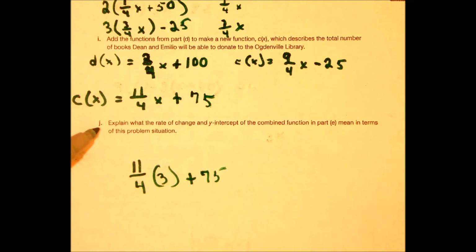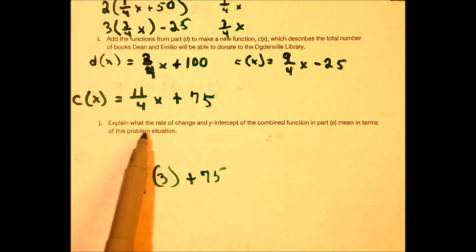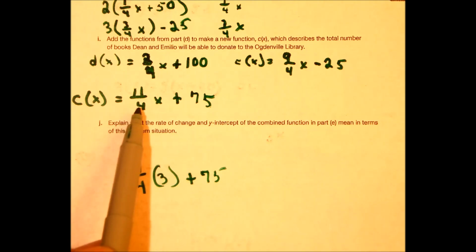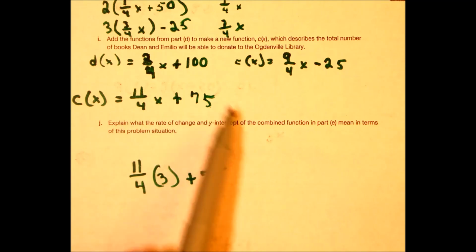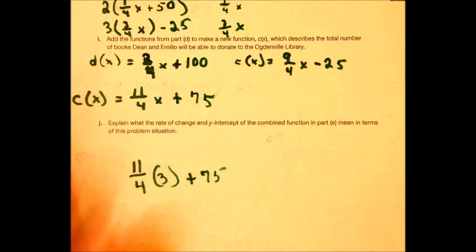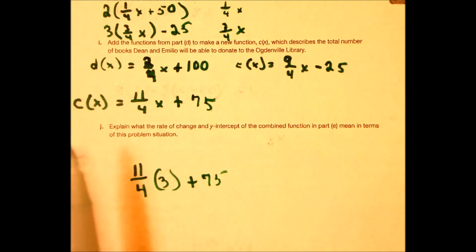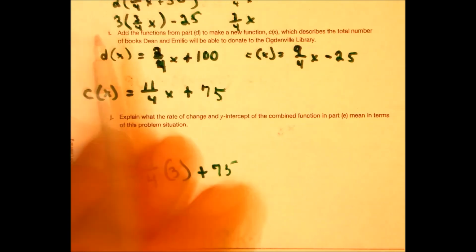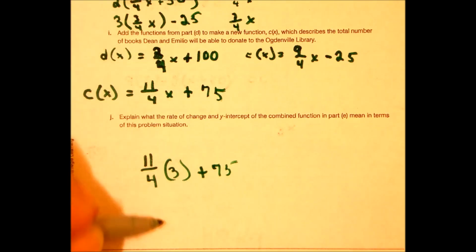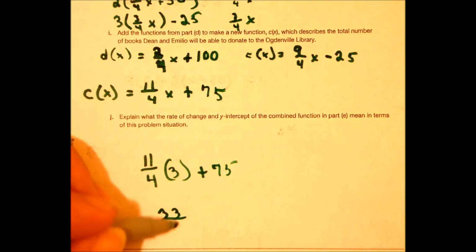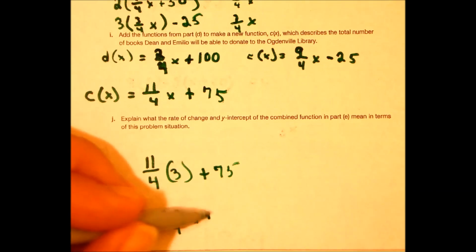This answer has nothing to do with this question. This question is all words. Okay, the answer to this question right here, where it says explain the rate of change, that's this. Explain the y-intercept, which is that, in terms of the problem. And I've already said what that means. Okay, all right. But if we were to do this, you'd have 33 over 4 plus 75.